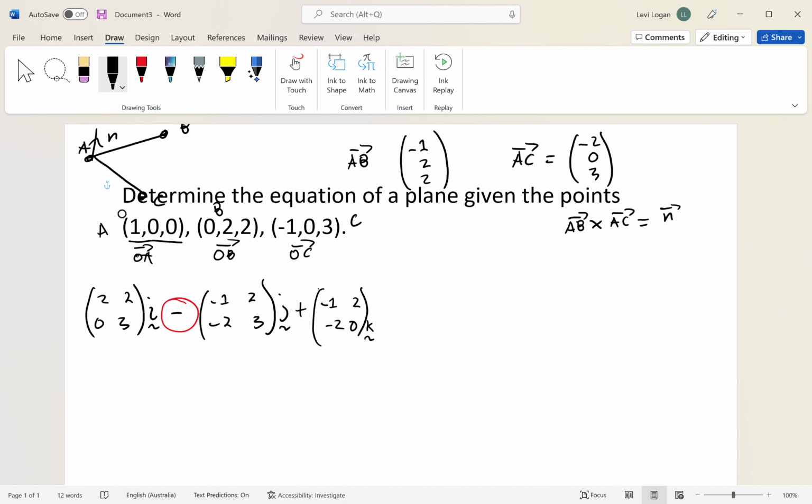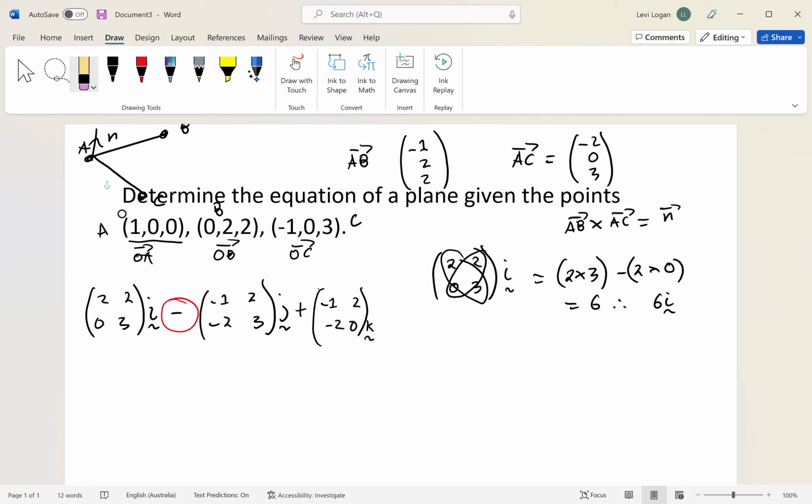Right, so with this matrix here, to define the determinant, you need to multiply these two, so 2 times 3 minus 2 times 0. So that's going to be equal to 6, therefore it is 6i. That's our x component.